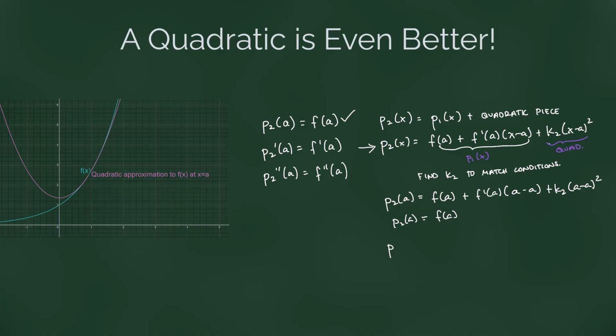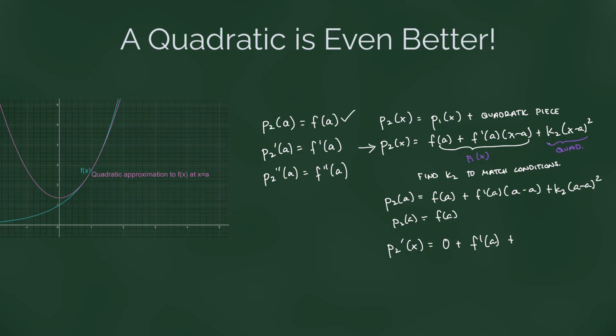Now let's look at P2 prime. P2 prime of x, taking the derivative of P2 of x. Well, the derivative of f of a is 0. The derivative of f prime of a times x minus a is just f prime of a.